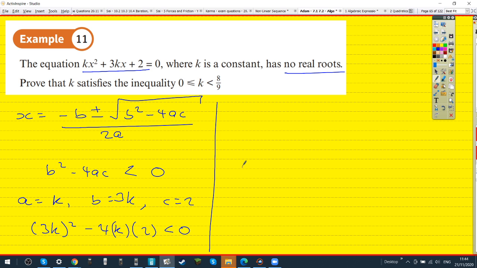And then could you multiply minus 4k, which gives you 3k squared minus 4k brackets 2. Then could you multiply minus 4k by 2? Which gives you 3k squared minus 8k is less than 0.